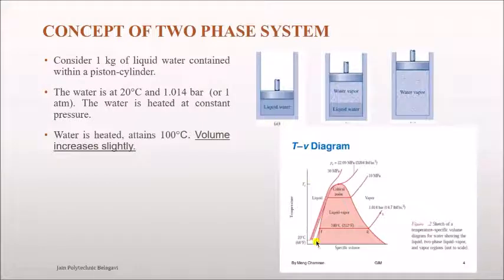When I start heating from point 1, it slowly reaches point F. This point F we call the saturation temperature; at this point we get the boiling point of water, that is 100 degrees Celsius at atmospheric pressure. If pressure goes on increasing, its boiling point also goes on increasing.